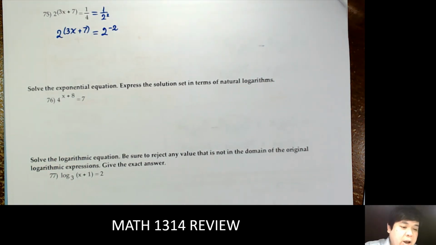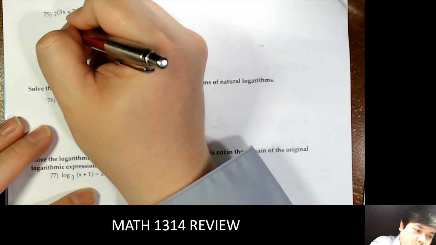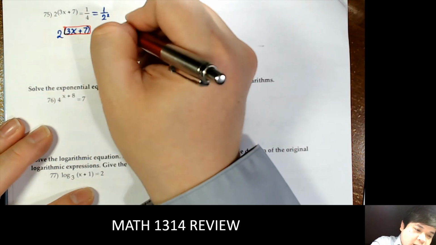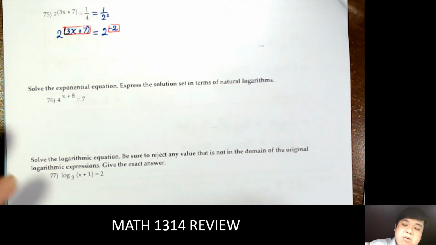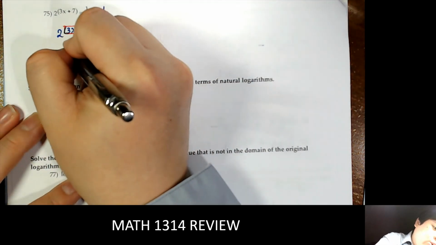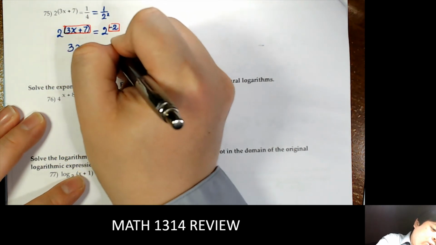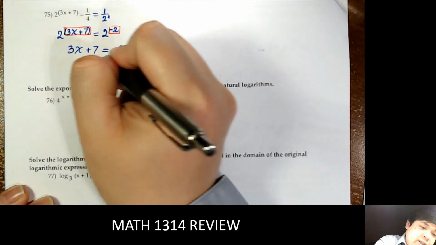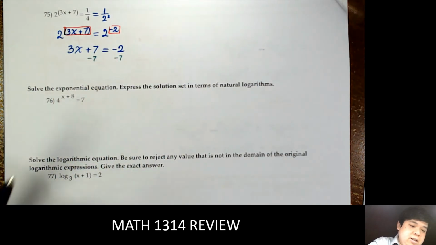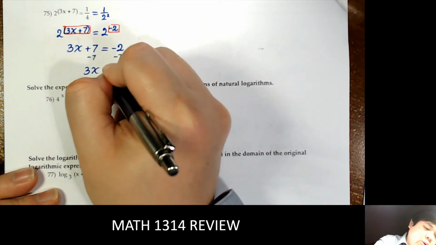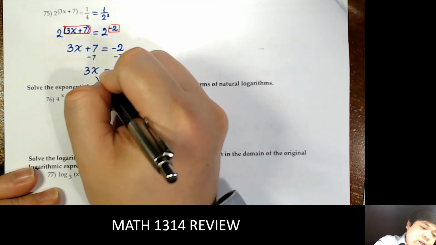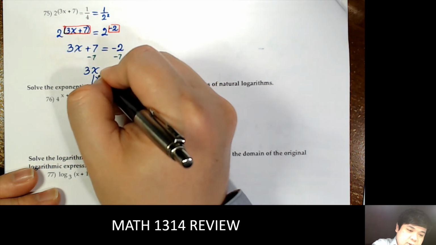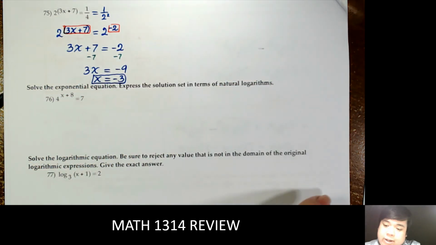Now exponential equation with the same base, then the exponents must be the same. 3x plus 7 equal to negative 2, and then we'll just solve for x. This will be very easy. Minus 7, so 3x equal to negative 9, divided by 3, x equal to negative 3. So that's all we do there.